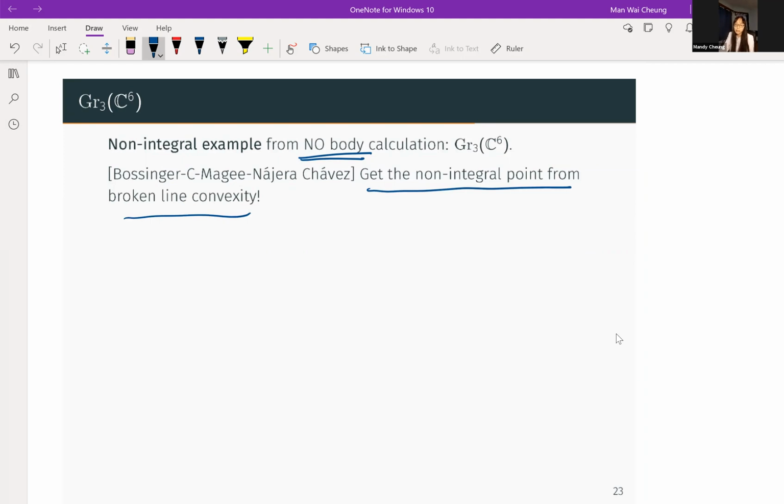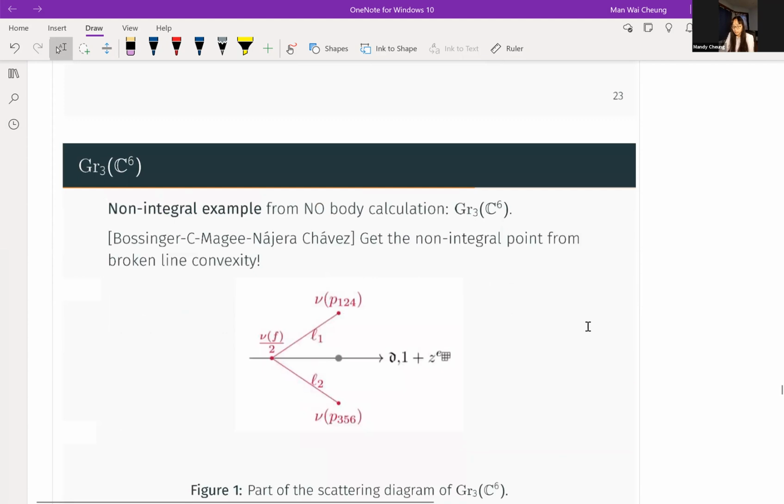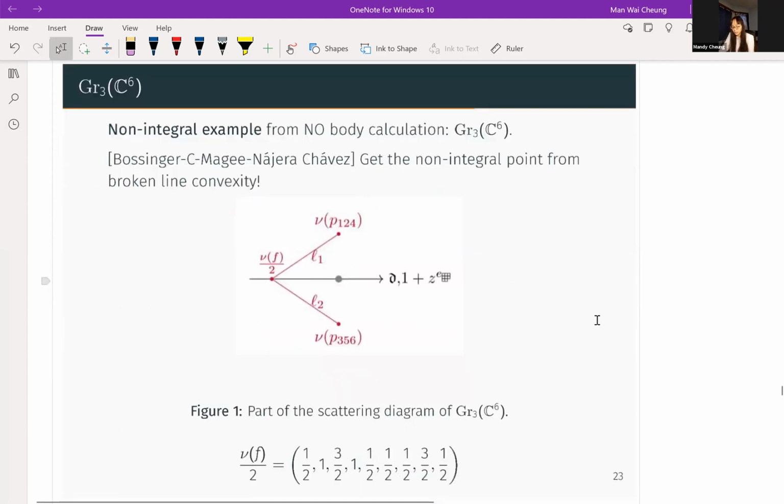But then we show that these rational slopes and rational vertices just come from the broken line convexity. And this is a slice of the scattering diagram of Gr(3,6) with a choice of initial torus chart.